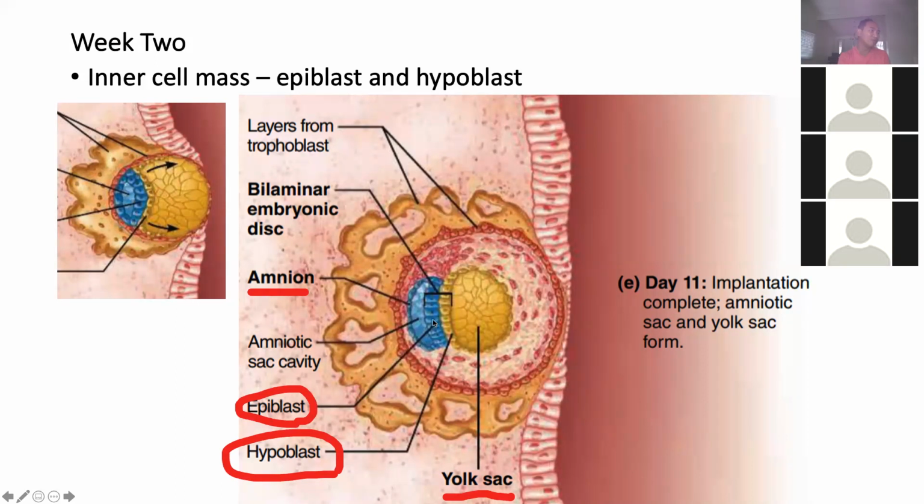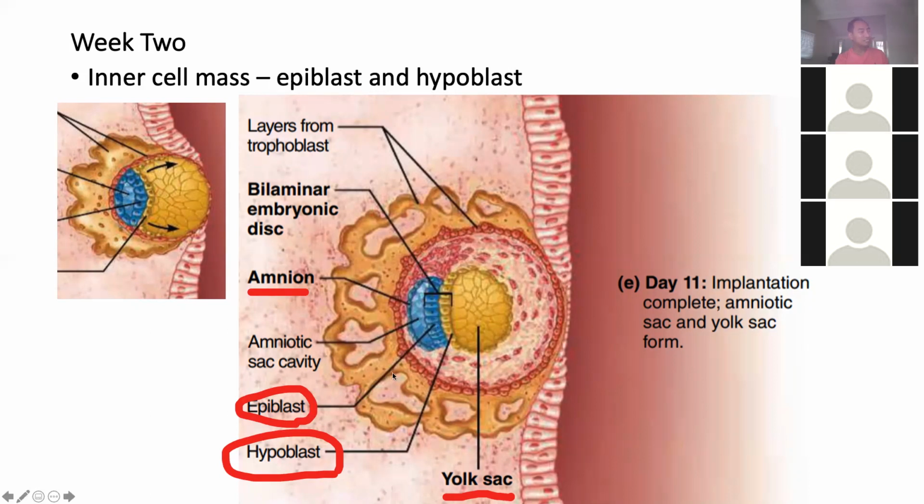So the cells from the blue layer, which grow out to form the amniotic sac, let's say it is the amnion. Yeah, amnion. Amnion is the lining of the amniotic sac, and the cell which develops and creates the amnion or amniotic sac, we will call epiblast.